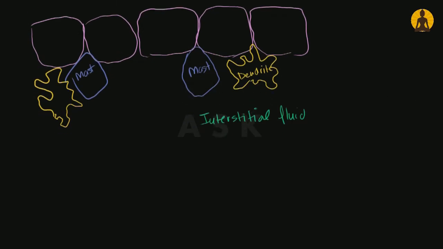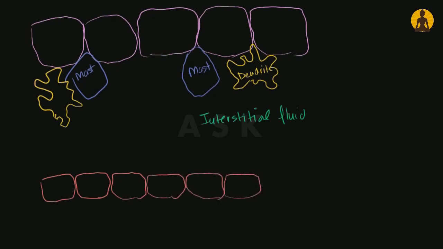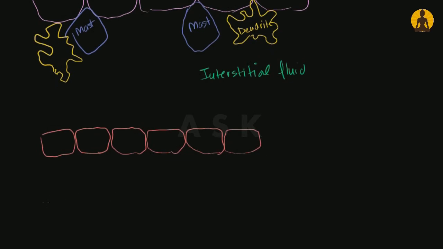So let me draw that. And instead of just drawing them as tubes, I'm actually going to draw the cells of our circulatory system. Let's say that down here, these are the endothelial cells of our capillaries. These are literally the cells that make up the walls of our capillaries. Right there, let's say that's one side, and let me draw the bottom side right here. These are the actual cells. And of course, this is a cross section.